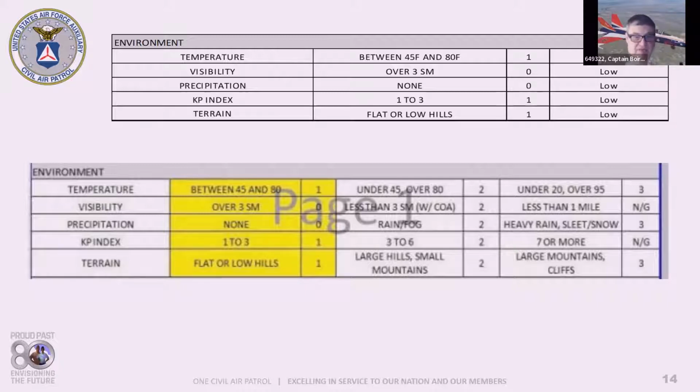Then we're looking at the terrain. Low or flat or low hills, large hills and small mountains, or large mountains and cliffs. Okay, so we've had situations where we fly from one area, but we're actually taking off over a cliff.